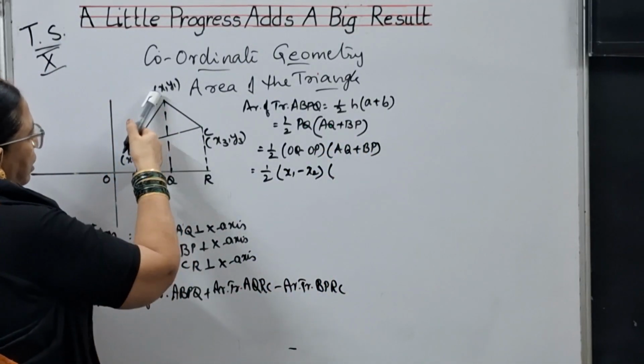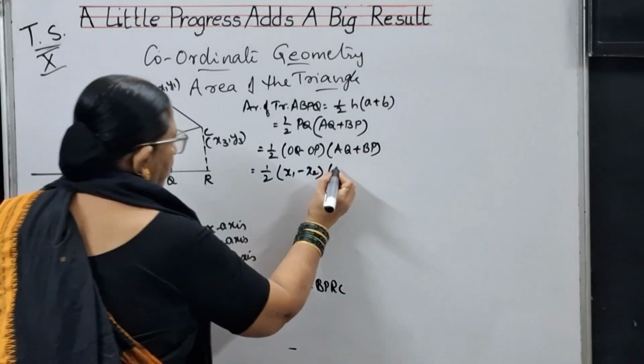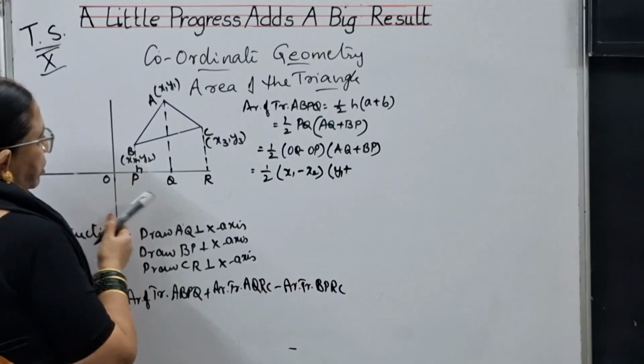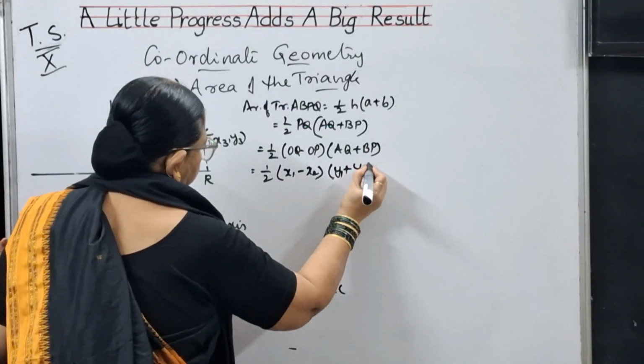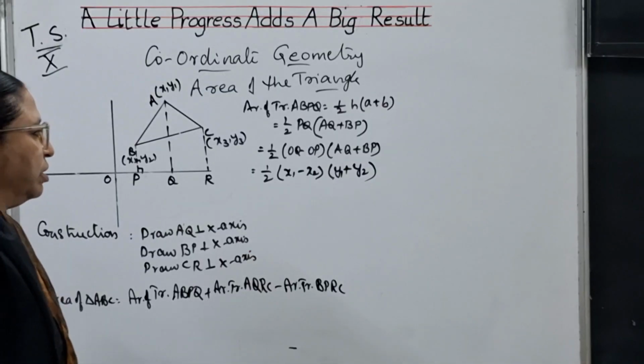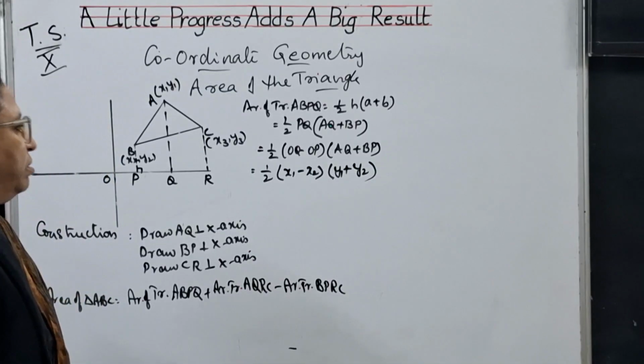AQ means from here to here, the height is y1, plus BP. What is BP? y2. Half into x1 minus x2 into y1 plus y2.